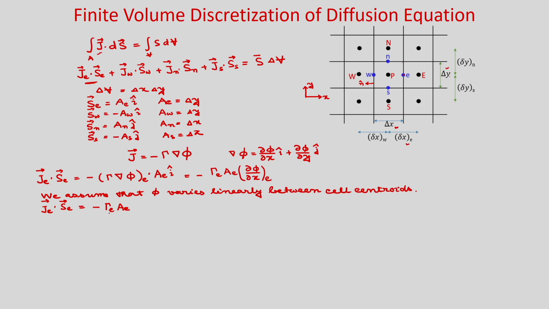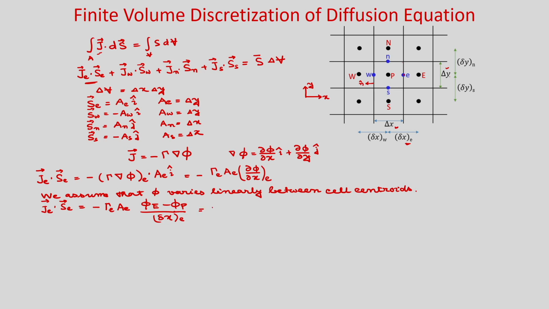So, now del phi by del x we will write as phi E minus phi P divided by delta x e. And you know that the order of accuracy of this discretization is second order accurate.